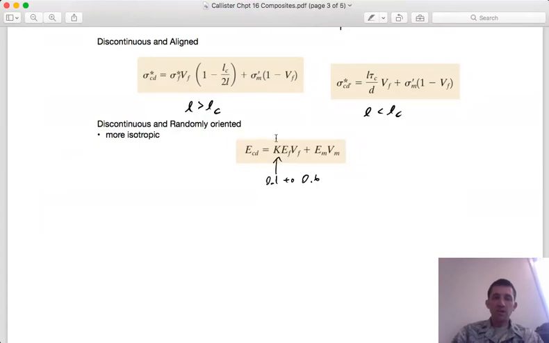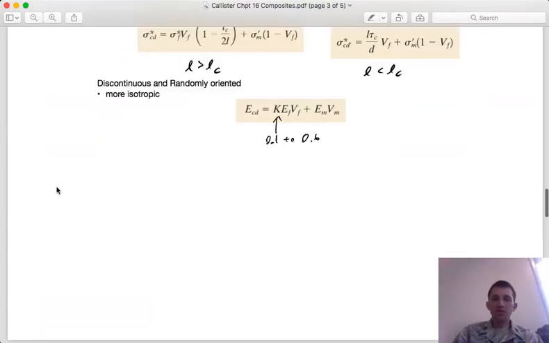And so here, where you have the rule of mixtures, you have the contribution of fibers and matrices a bit separately. Whatever role you would get of, say, load sharing between adjacent fibers, even if they're randomly distributed, is rolled up in this K factor, which modifies the contribution of the volume fraction of fibers accordingly.